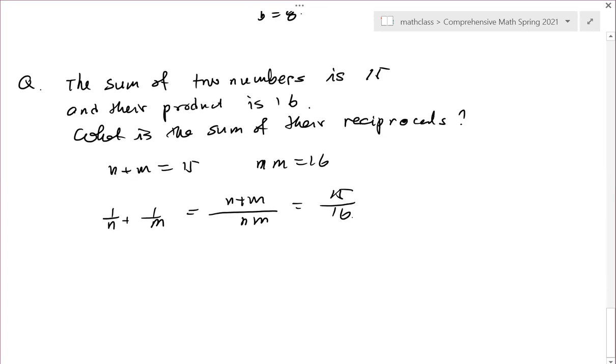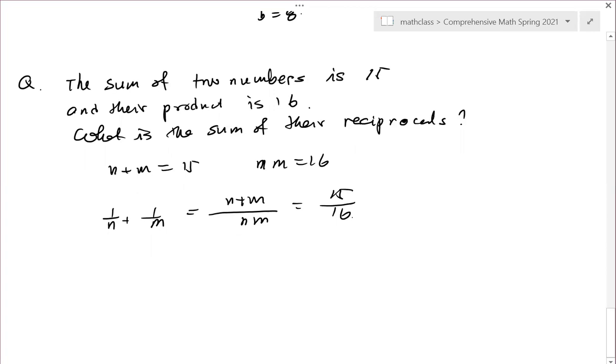Now, another question is, are there solutions? If this is a problem in the spring round, then there's a possibility the answer will be no such numbers. So the answer could be no solutions. If you have extra time, you should check.